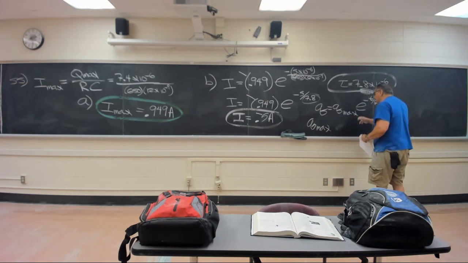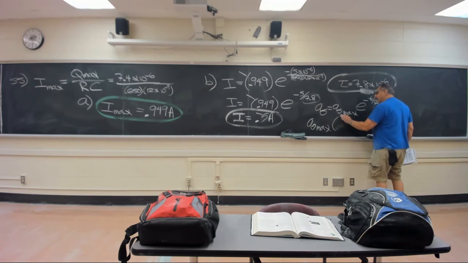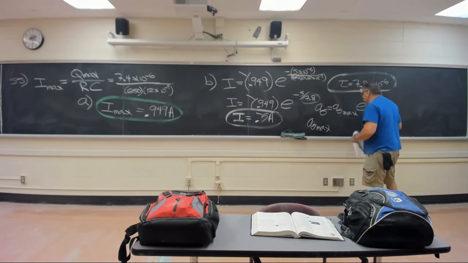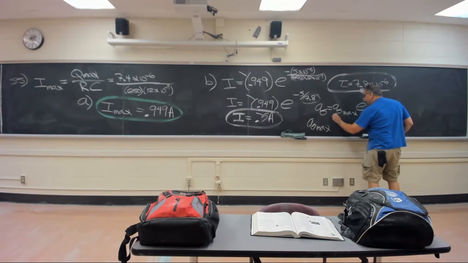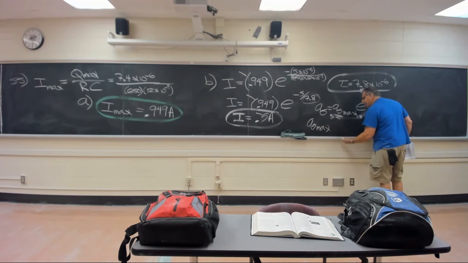This tells you how much is left on there. How much is left is Q max, the maximum, minus this. You got to remember the amount that left. If this is the amount that's on, ladies and gentlemen, then the amount that left is the huge amount that was initially on there.